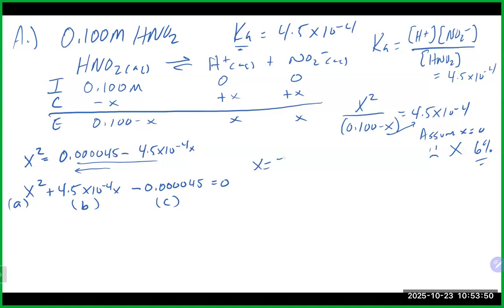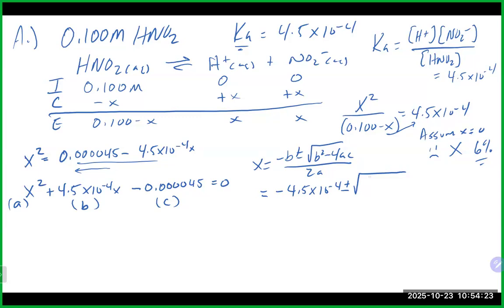x is equal to minus b plus or minus the square root of b squared minus 4ac, divided by 2a. Popping in some numbers gives us a negative 4.5 times 10 to the minus 4, plus or minus, and we do everything inside the square root first. We end up with the square of that, minus 4 times A, which is 1, times C, negative 0.000045.